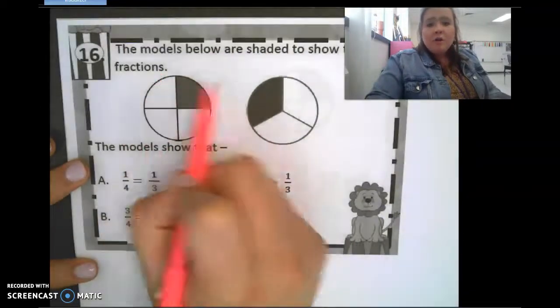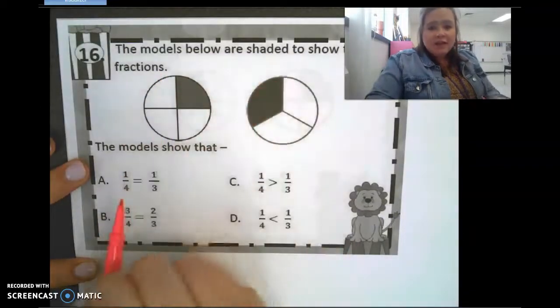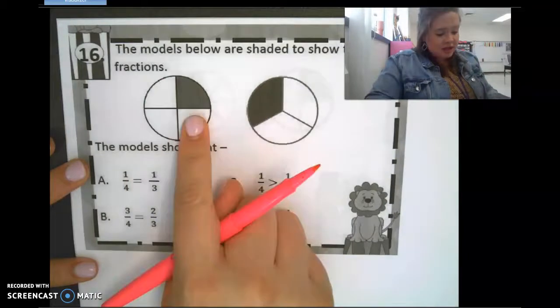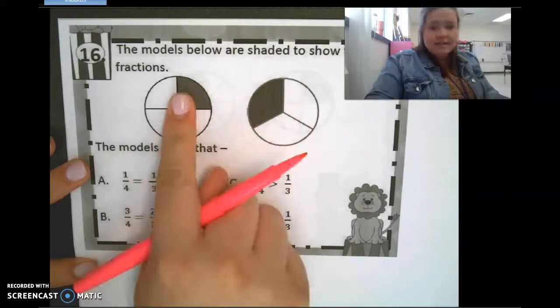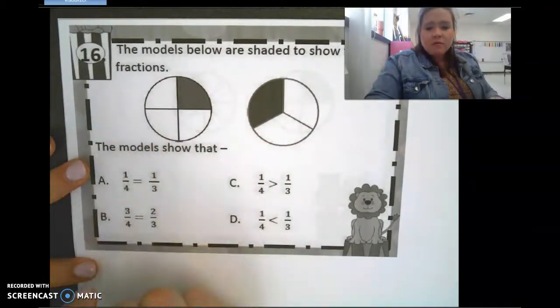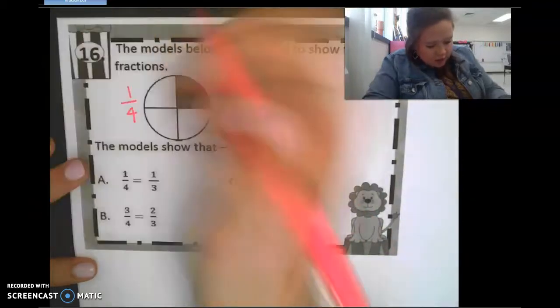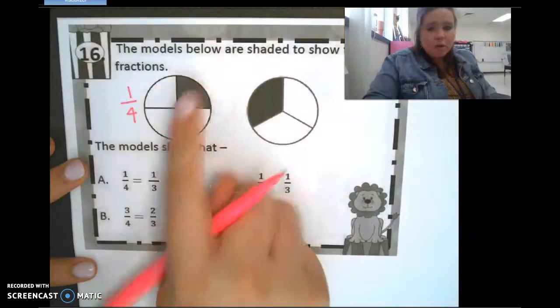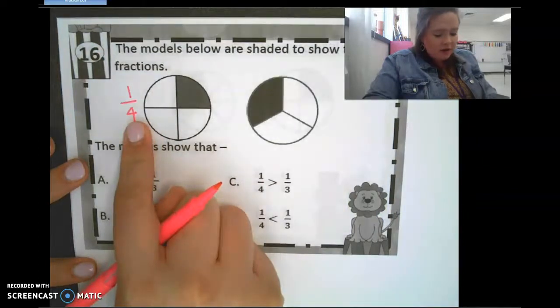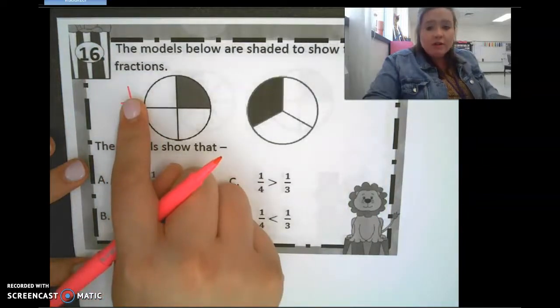The models below are shaded to show two fractions. Let's look at this fraction here. What fraction is being represented in this model? Good. That fraction is 1/4. You have 4 total parts, which is your denominator, and you have 1 part shaded.